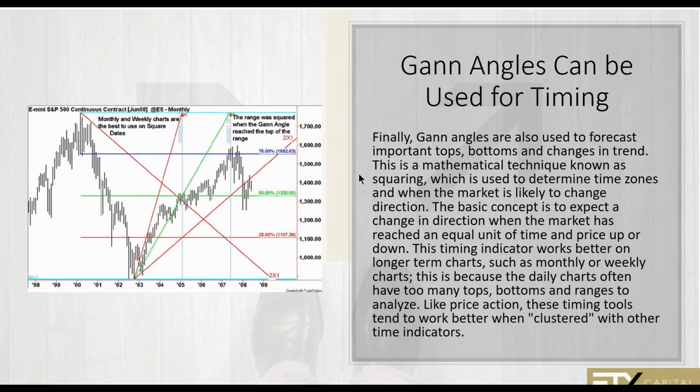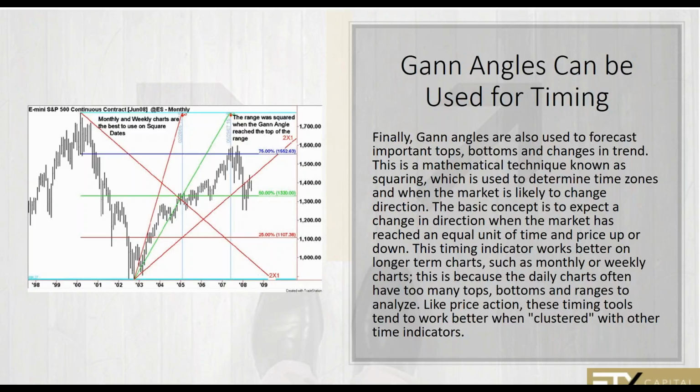Okay. So finally, Gann angles are used to forecast important tops and bottoms and changes in trends. This is a mathematical technique known as squaring, which is used to determine time zones and when the market will likely change direction. The basic concept is to expect a change in direction when the market has reached an equal unit of time and price up or down.